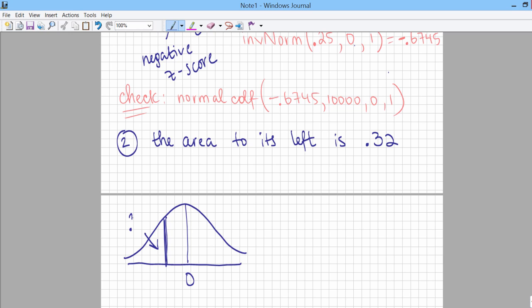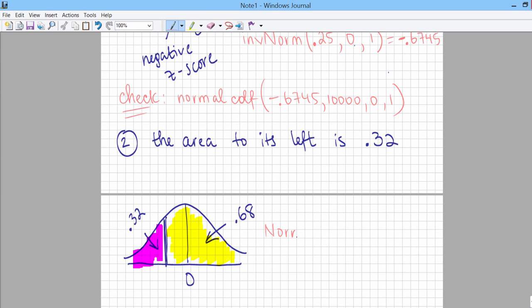So if this is 0.32, then the rest should be what? 0.68. And if it's given to you as the area to its left, then you just plug that number right there.